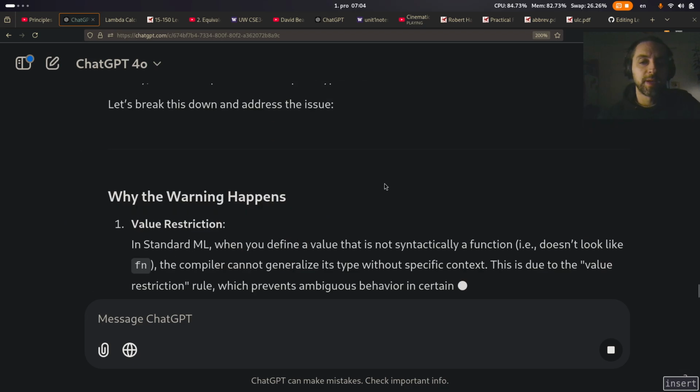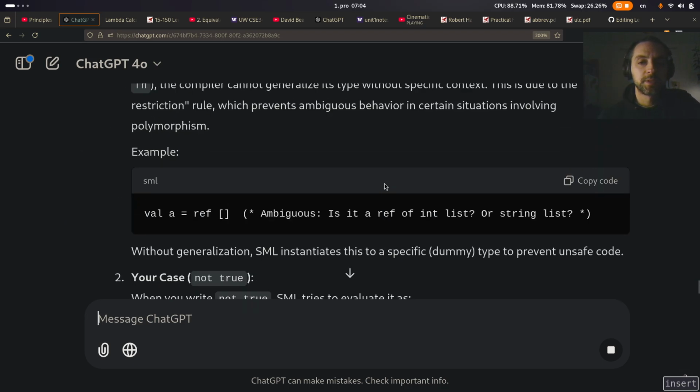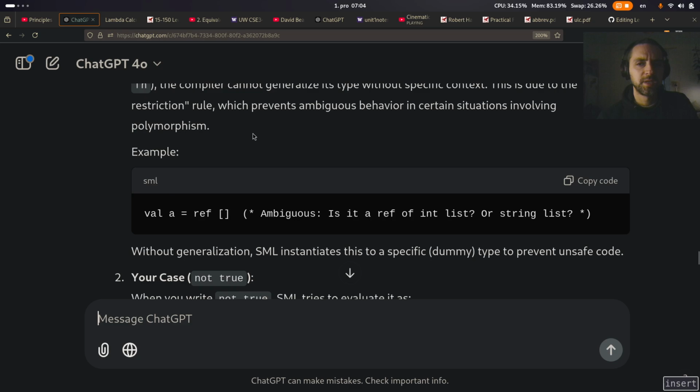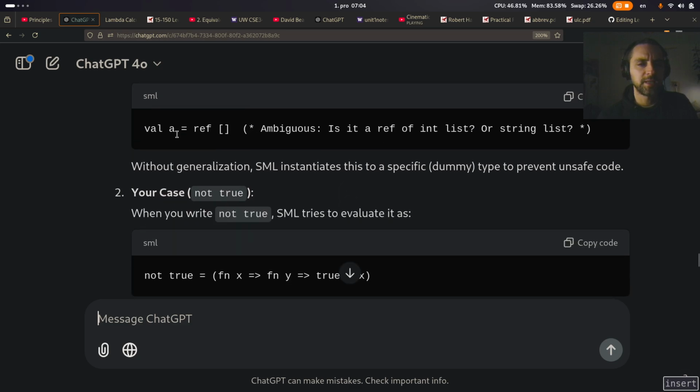Well, you define a value that is not a function. Doesn't look like fn. The compiler cannot generalize its type without specific context. This is due to the value restriction rule, which prevents ambiguous behavior in certain situations involving polymorphism. Val a = ref. Your case, not true.